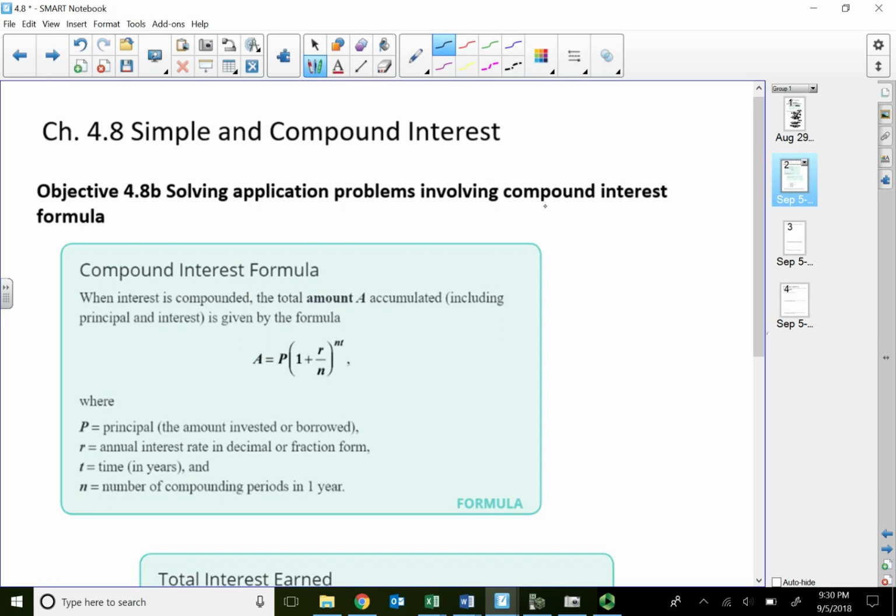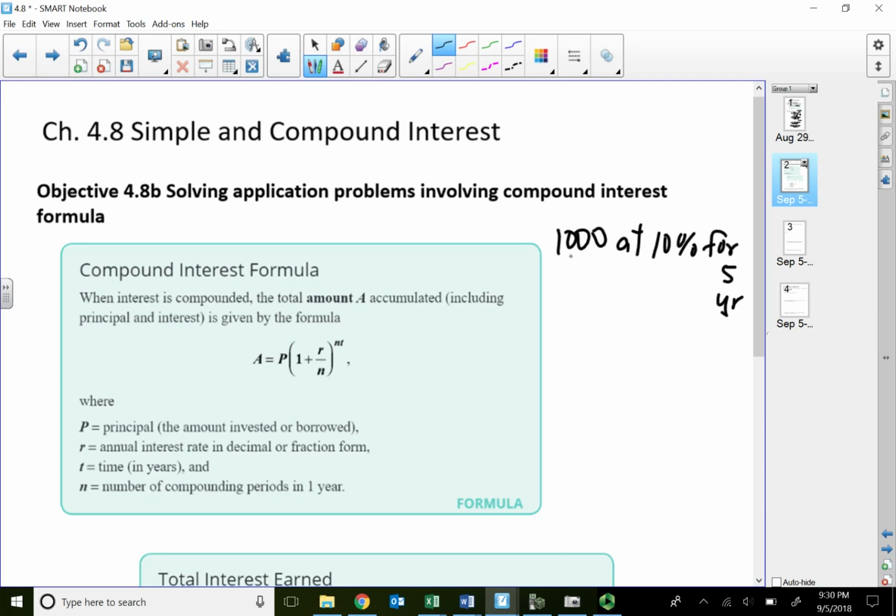So, a real quick explanation. Let's say we put $1,000 into some sort of mutual fund account or something like that, and invest it at 10% a year for 5 years, for example.